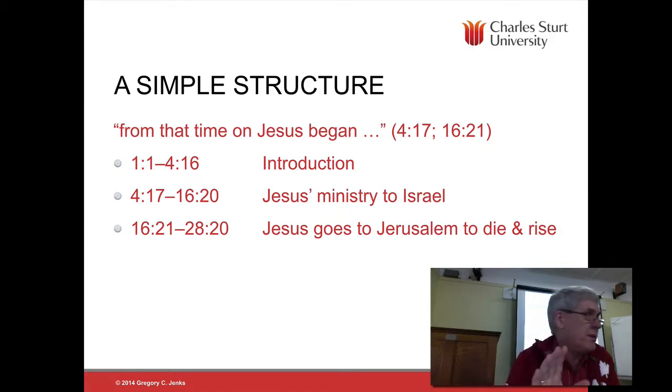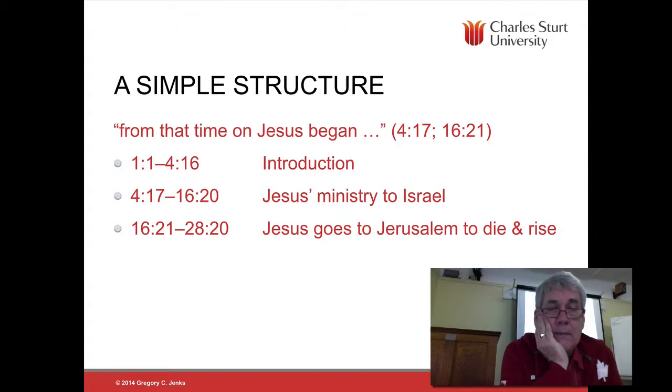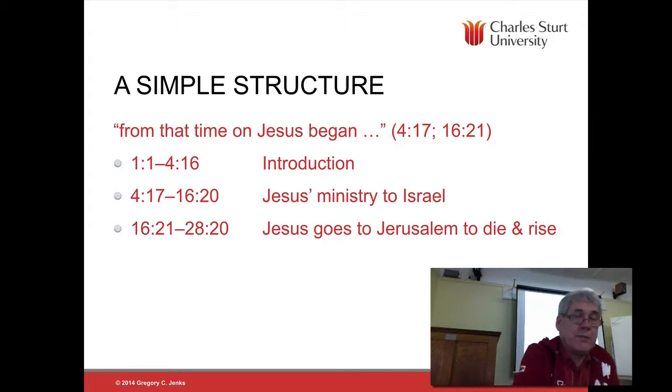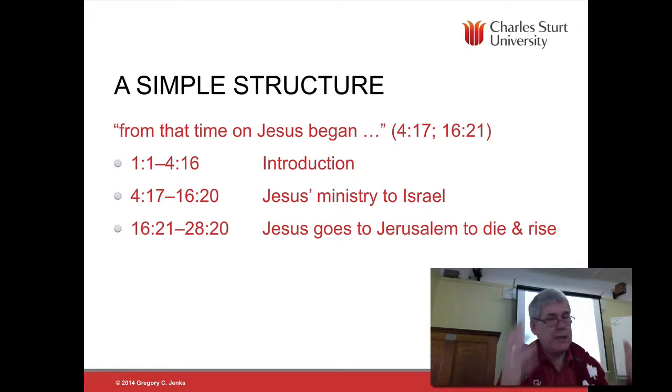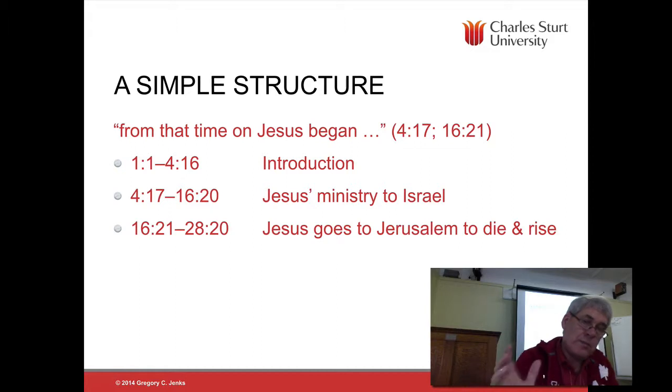And if you structure the whole of the gospel that way, then you have an introduction which goes partway through chapter 4, and then the rest of chapter 4 through to the middle part of chapter 16 is Jesus' ministry to and within Israel, and then for the rest of the book it's Jesus moving to Jerusalem to die and to rise in Jerusalem. So it's a very simple way of structuring the text, and it's trying to pay attention to clues within the text, but we're going to see that's a bit trickier than we might otherwise imagine.